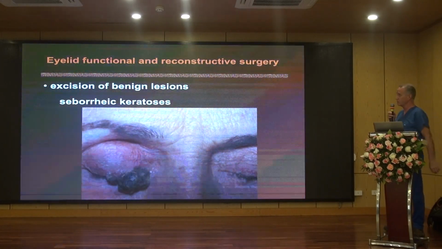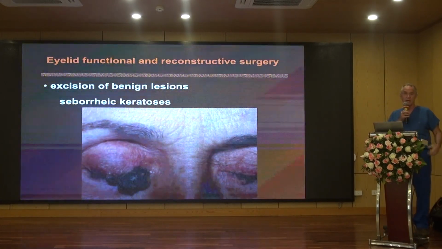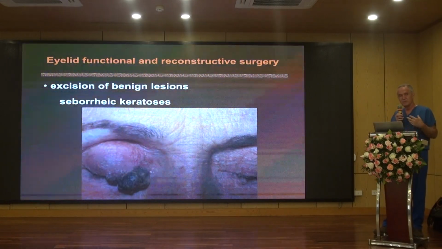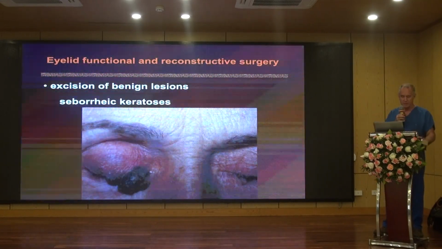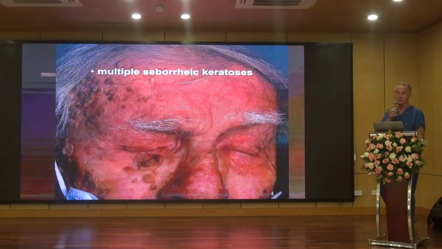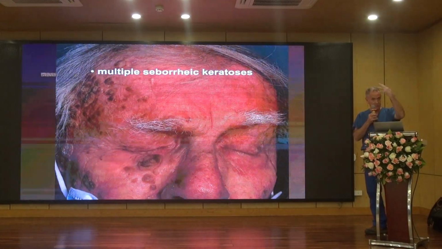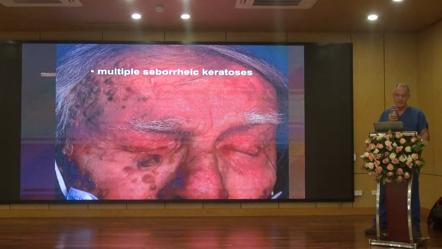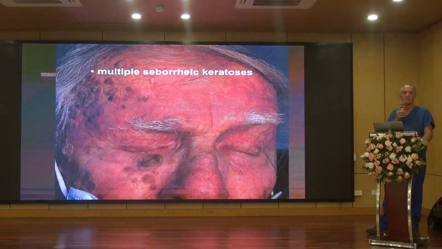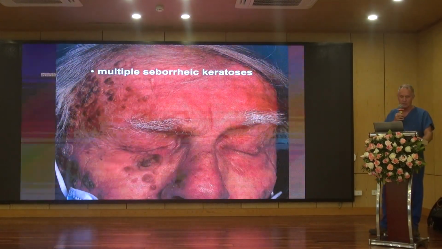Some of the seborrheic keratoses can be quite large, and it can become pigmented or necrotic, and sometimes can be confused with other lesions such as melanoma. And some patients have dozens or even hundreds of seborrheic keratoses all over their face and all over their body. And we usually don't remove all of them, we just remove the ones that are causing symptoms or are cosmetically objectionable.